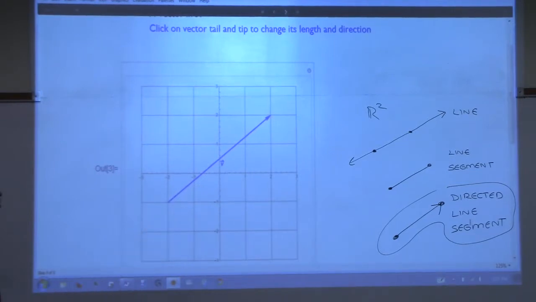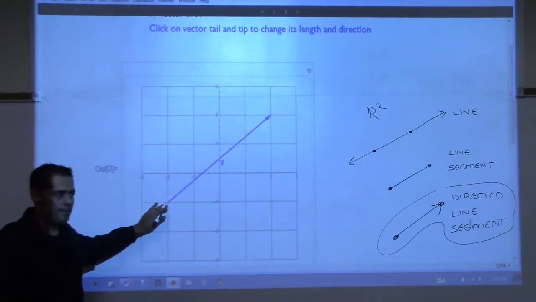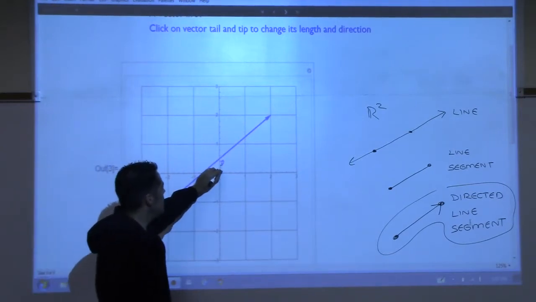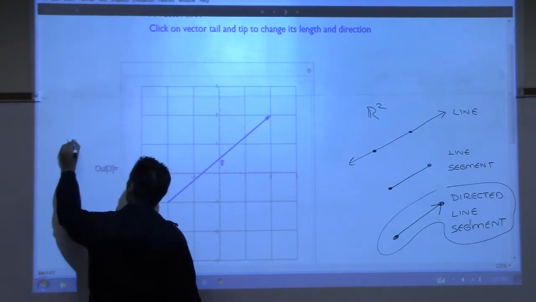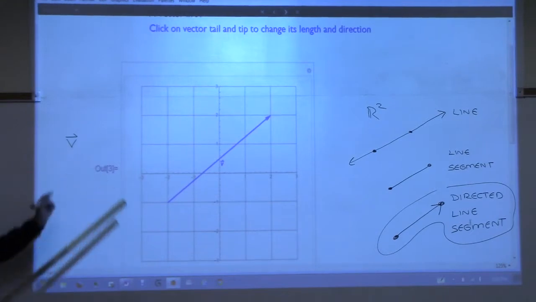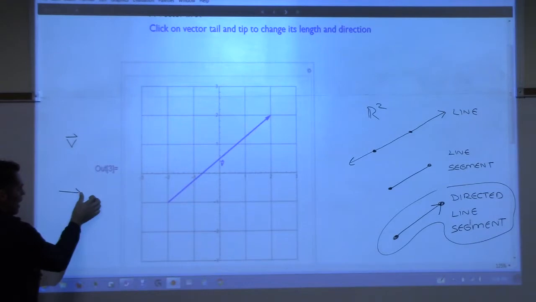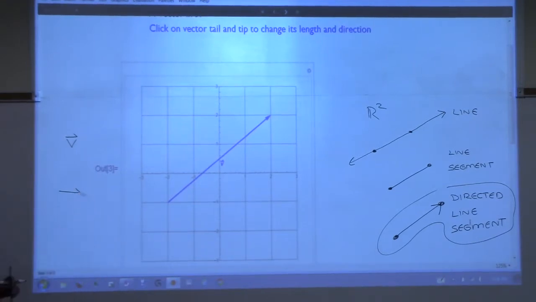Looking at this blue object right here, it looks like a directed line segment, right? I have labeled it V with a little half arrow over it. This is the notation we use for vectors. It's a letter and then an arrow, but we cut the bottom of it off like that. Now, in textbooks, what they will use instead is the variable in bold.